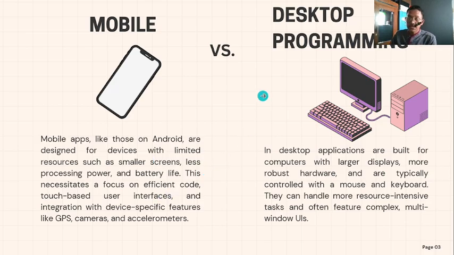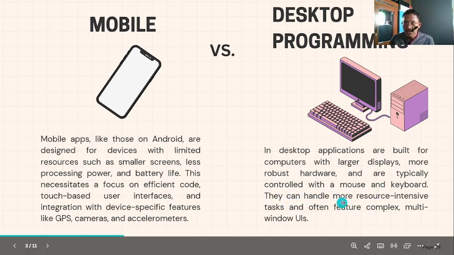And then sa desktop programming naman sir is, in desktop programming, applications are built for computers with larger display, more robust hardware, and are typically controlled with a mouse and keyboard. They can handle more resource-intensive tasks and often feature complex multi-window UIs.